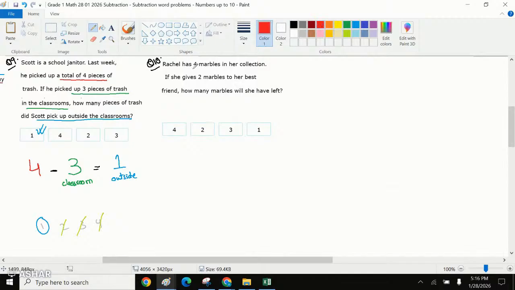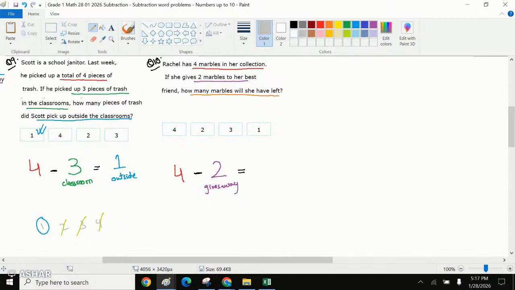Rachel has 4 marbles in her collection. The total is 4 minus. She gives away 2 to her. Gives away, right? So then how many would she be left with?